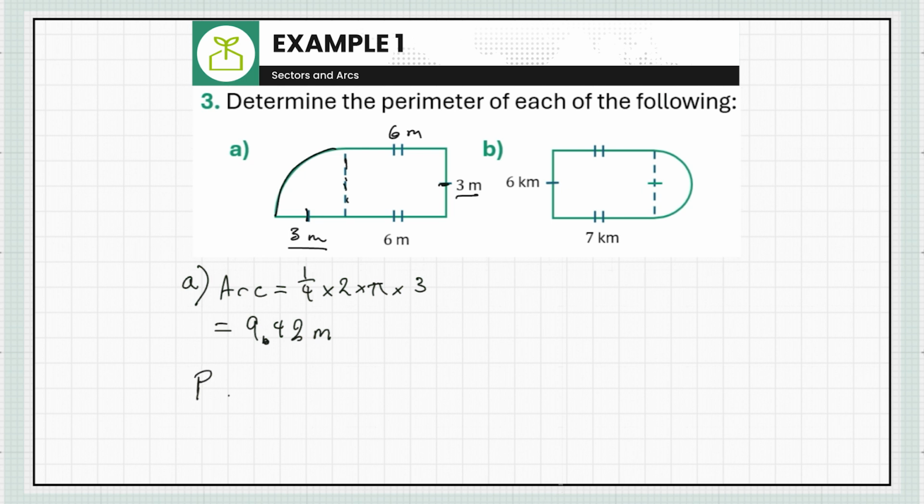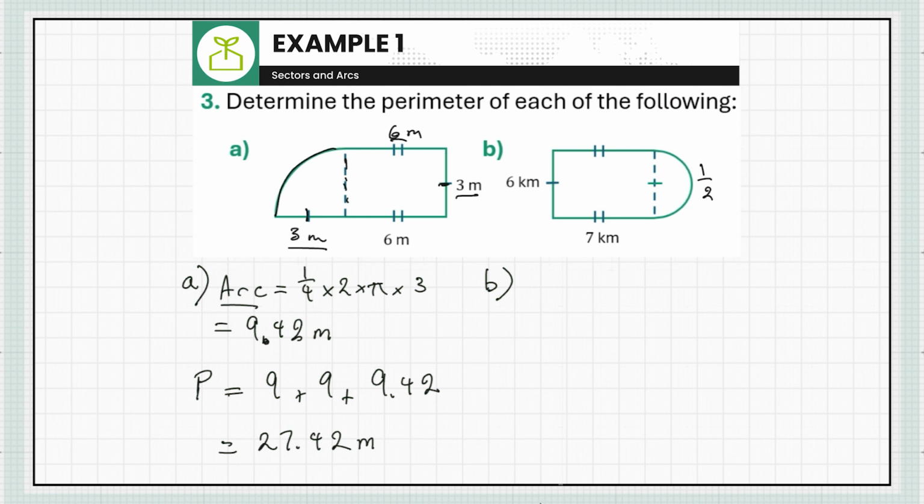So our perimeter is going to be equal to, well, we have 6 here and 3 here, so 9, plus 6 here and 3 here, which is also 9, plus our 9.42, which is our arc just here. So the total perimeter here is going to be 27.42 meters.